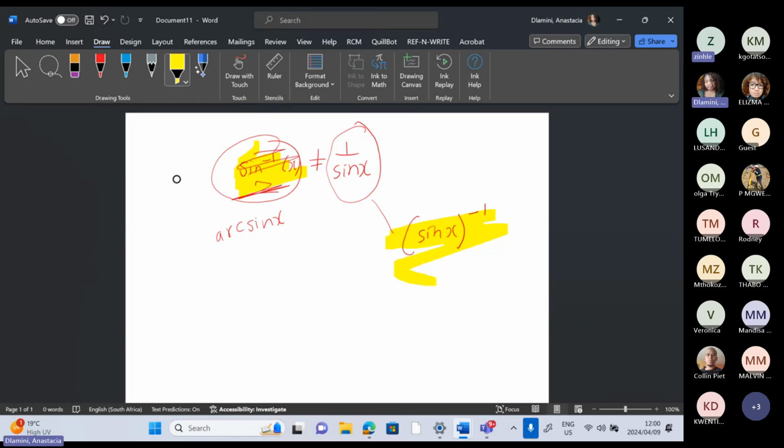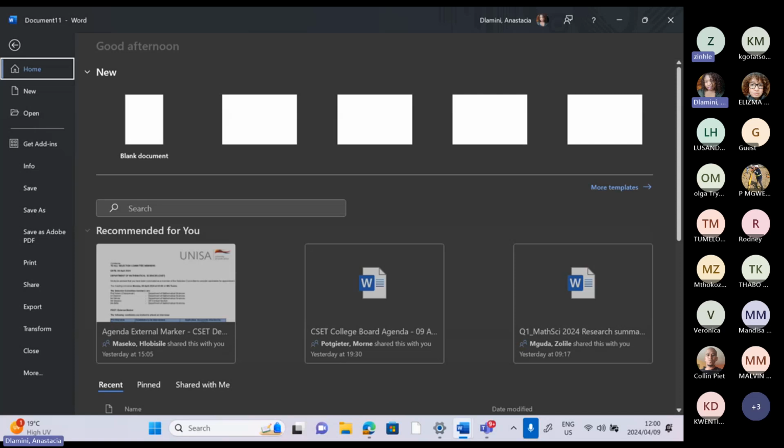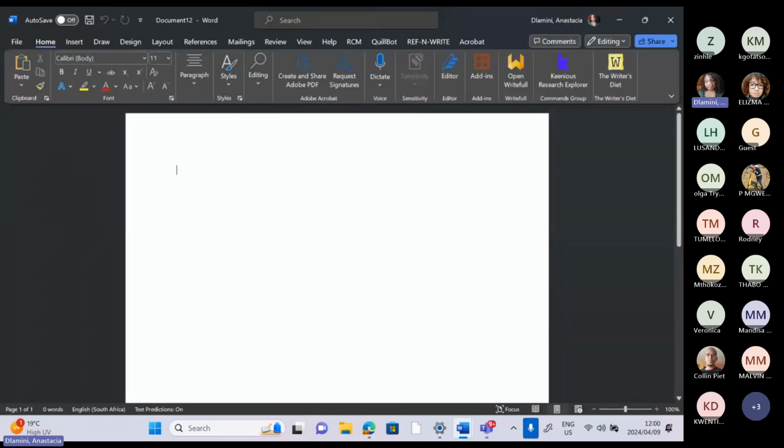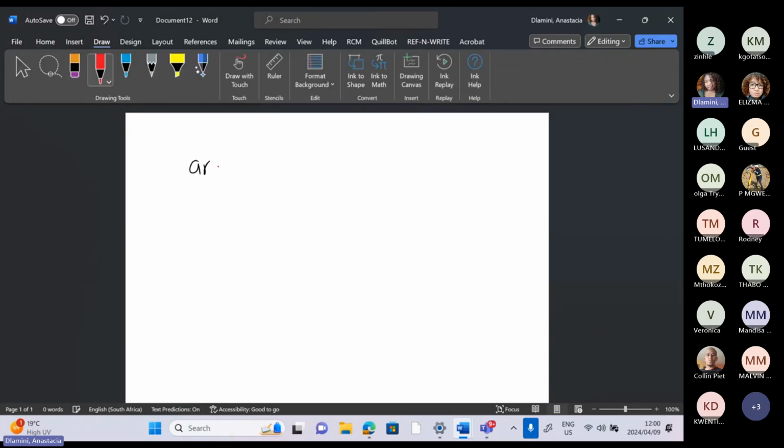So, how are we going to do this? We are told that if we are given a function, let's look at page 42. They say if we're given a function, let's say arc sine of f of x, this is the function that we are given.